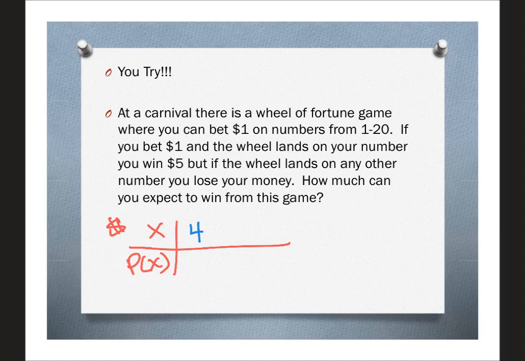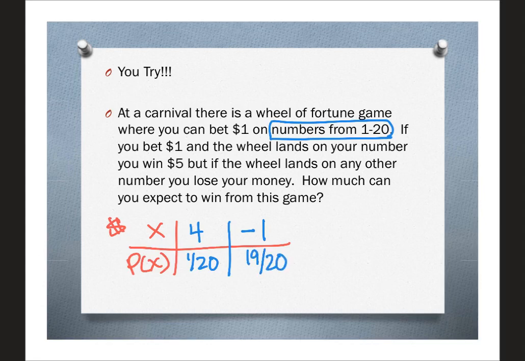Now that probability is 1 out of 20 because you are choosing a number from 1 to 20. And then you are going to lose your money. You only paid $1 to play, so you're going to lose that $1 if you choose any of the 19 numbers out of the 20.